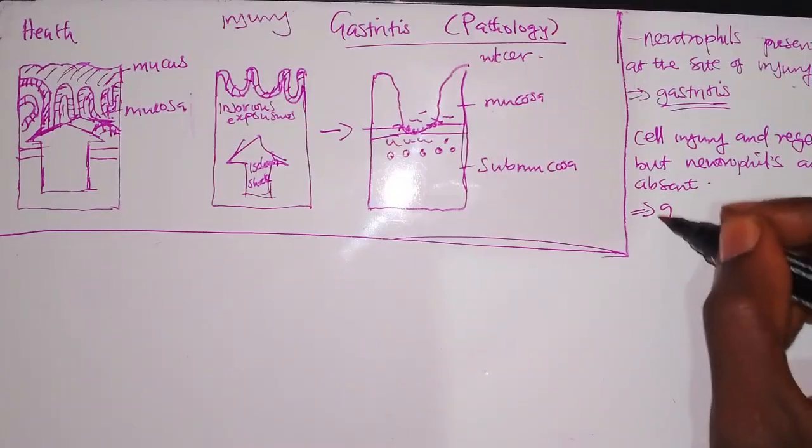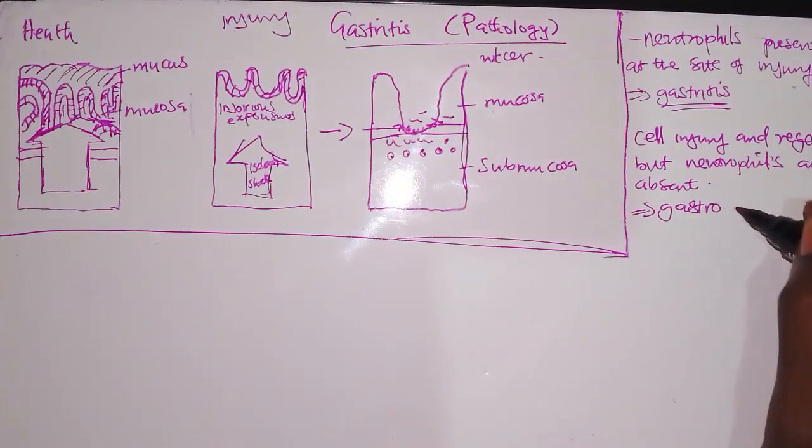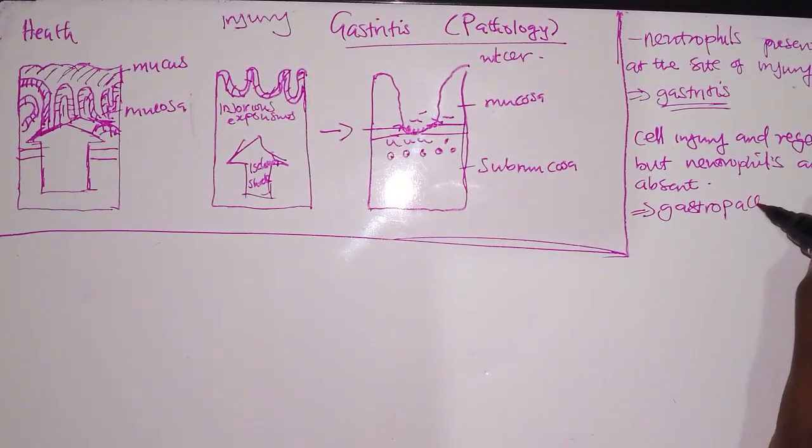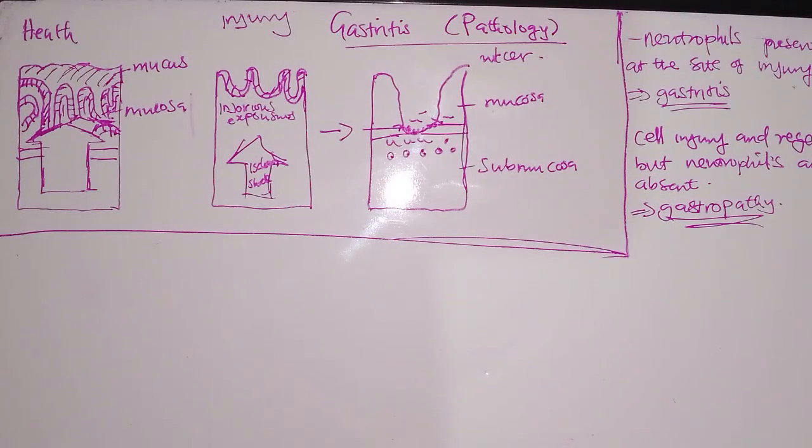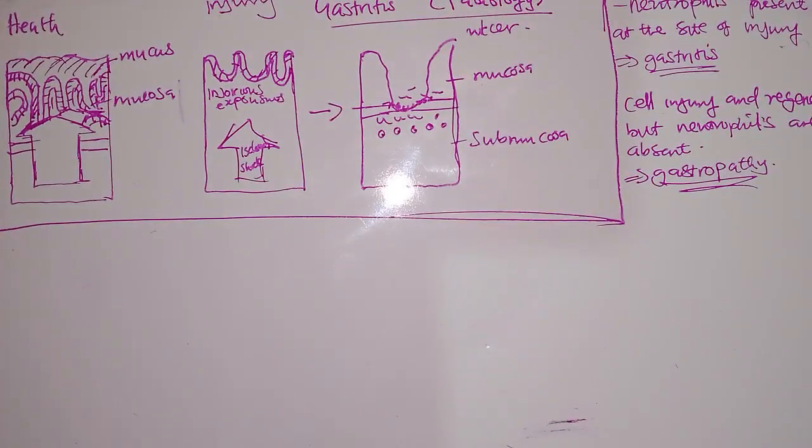So whenever the neutrophils are absent, the condition is known as gastropathy. But both are talking about the same thing, the injury to the stomach lining.